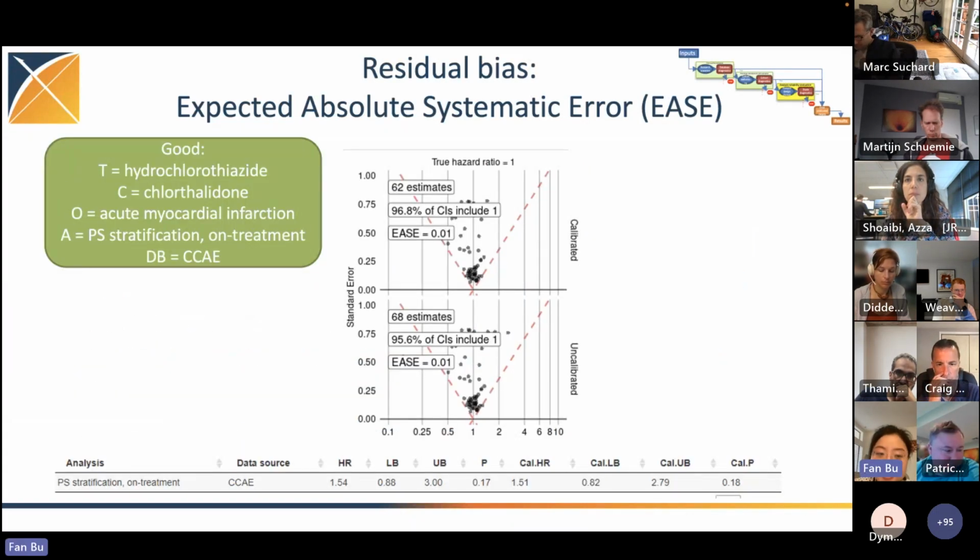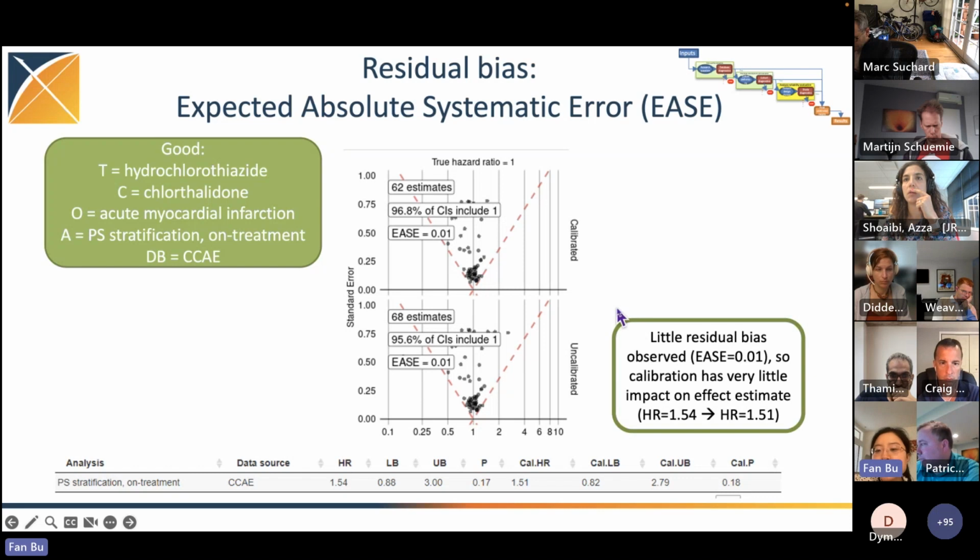So still, as an example from the LEGEND hypertension study, on the top, what I'm plotting here is the point estimates and confidence intervals across negative control outcomes after calibration. And the same thing, but before calibration, on the bottom panel. Graphically, we see that there is very, very little difference between the two plots.